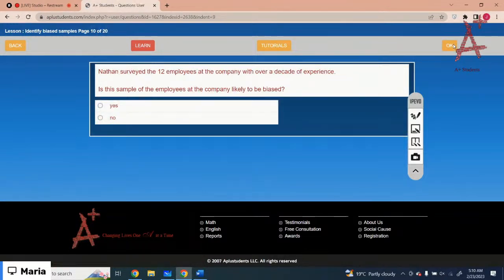Okay, Nathan surveyed 12 employees at the company with over a decade of experience. So is the sample of the employees at the company likely to be biased?